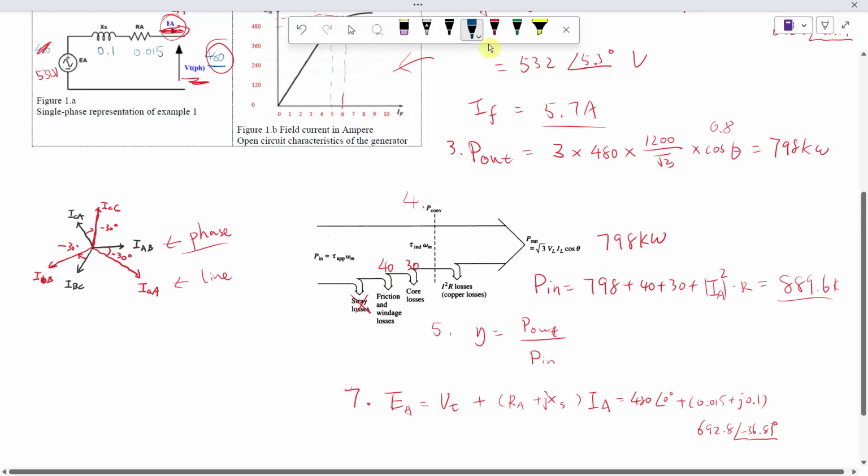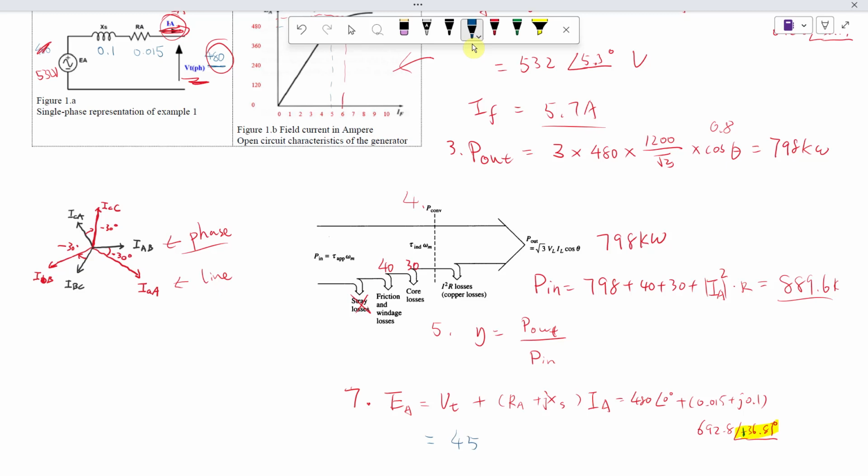Let me change the color to highlight the difference here. Okay, so this becomes a positive angle. All right, if you do the calculation here, then you will find that's number 7. You got that 451 volts and 7.1 degree.